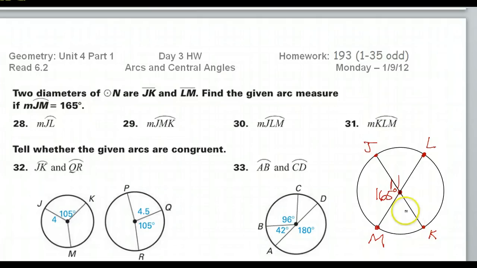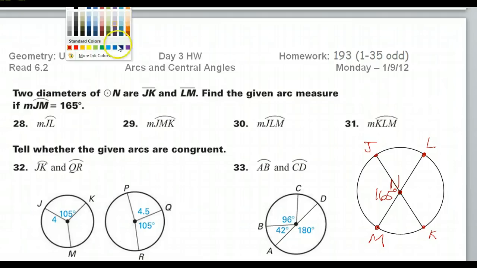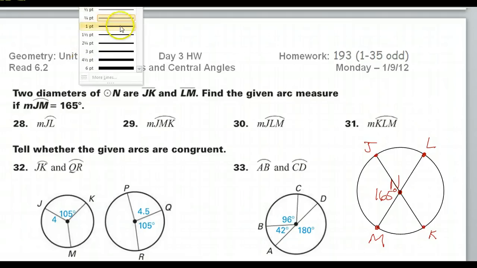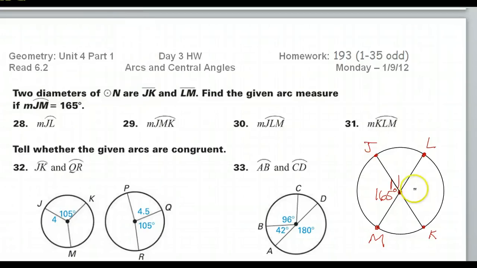Well, this is really just like the problem we just did. So if this is 165, I should change colors now because now I'm starting to do my work. Kick this up a notch. If this is 165 degrees, that means this is 165 degrees. They're vertical angles. Remember about the semicircle, right? Looking at the semicircle that goes like this, more or less, forgive my spastic drawing.